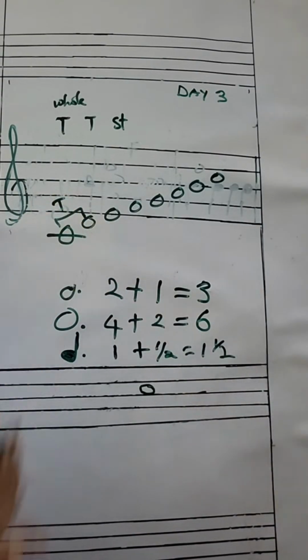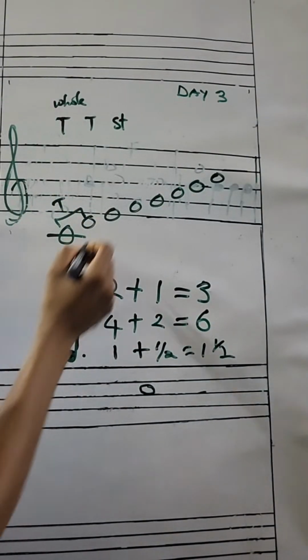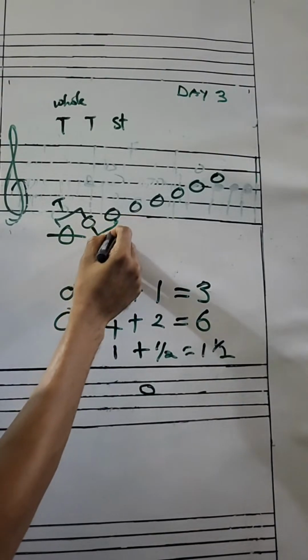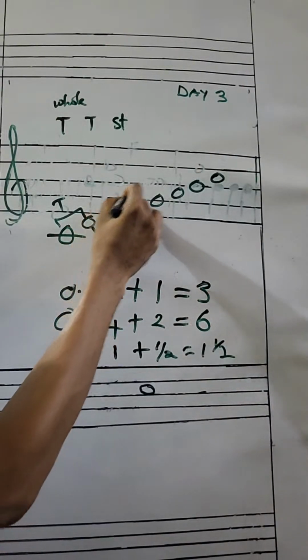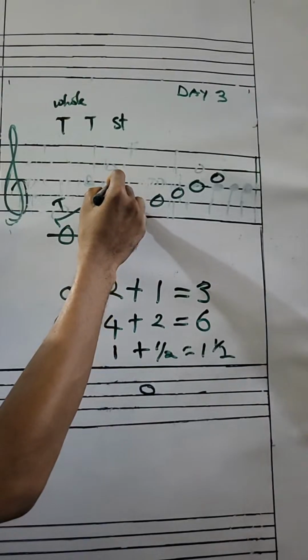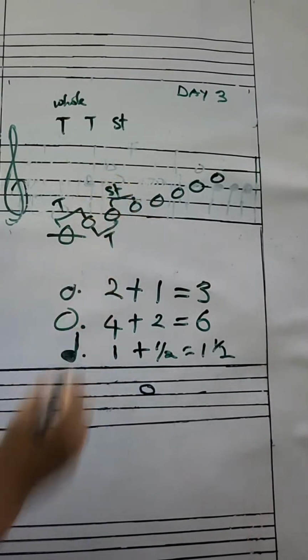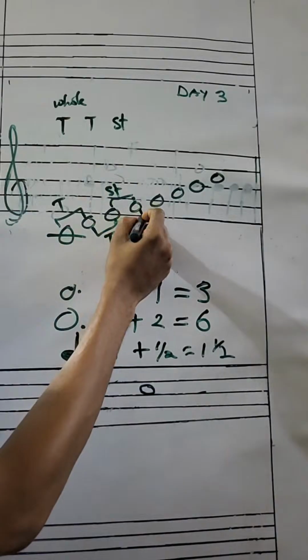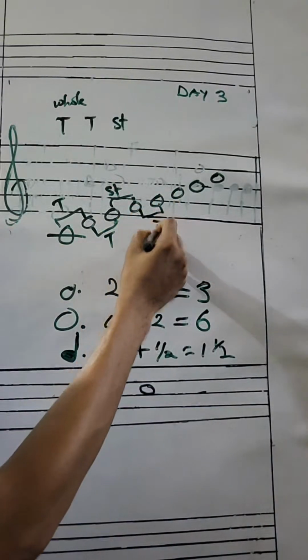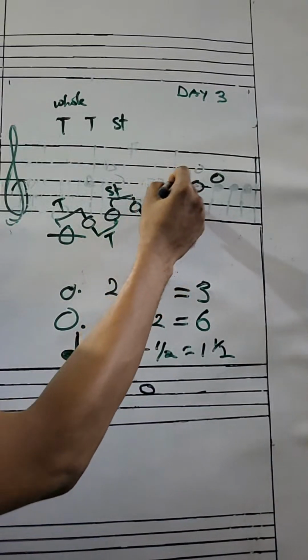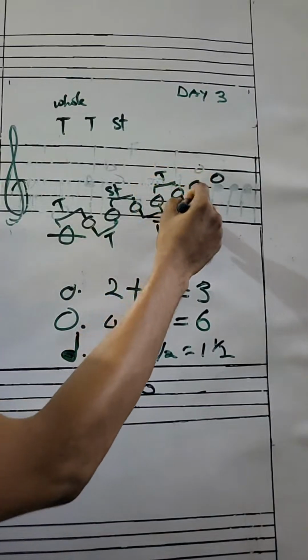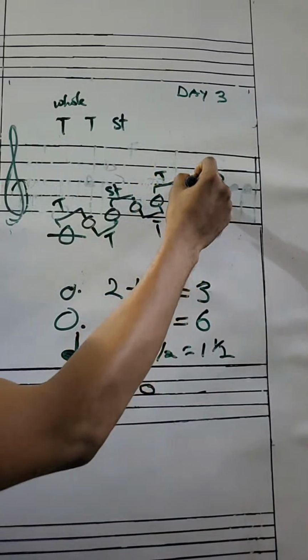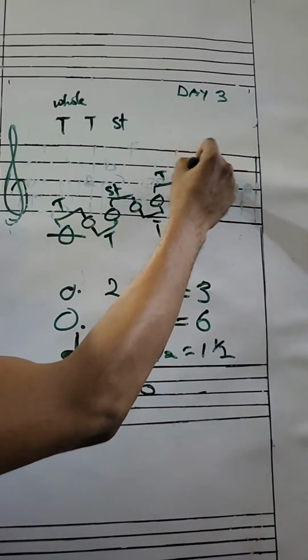Here we are supposed to have a tone. Here another tone. Then here we are supposed to have what is called a semitone. And here we have our tone, tone, tone, and finally semitone.